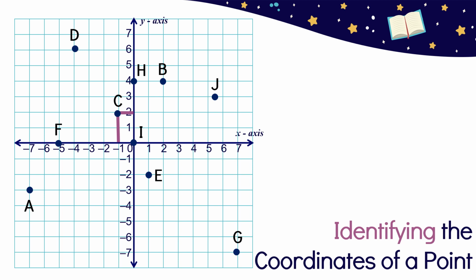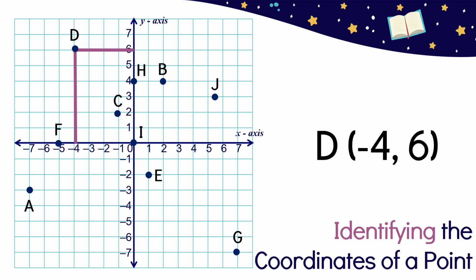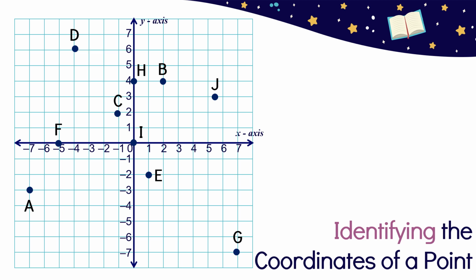So we have, yes, -1, 2. For point D, we have, correct, -4, 6. How about point E? Yes, we have 1, -2.